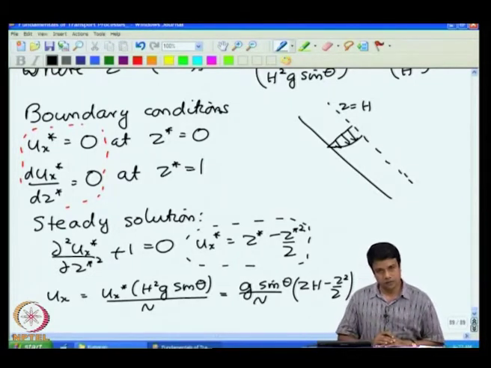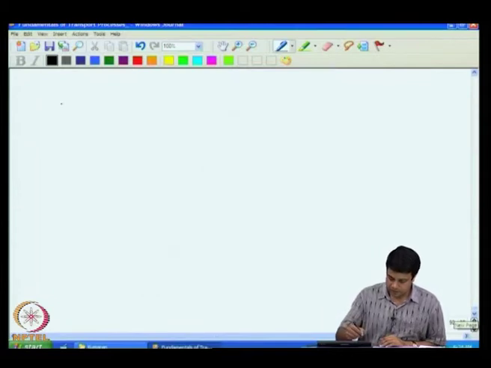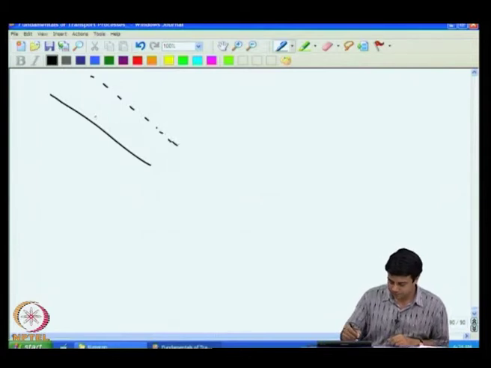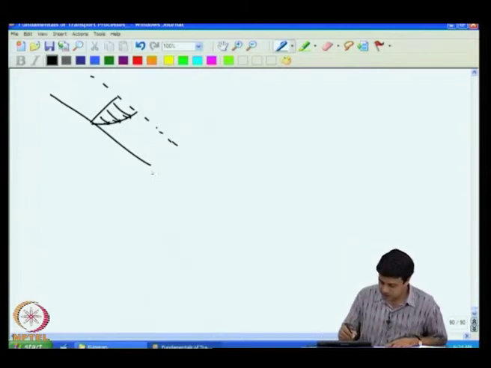Now, this is the steady solution. Now, what about the unsteady solution? We can consider, for example, the flow down an inclined plane. This is the final steady solution, and the solution satisfies the boundary conditions at z is equal to 0 and z is equal to h.